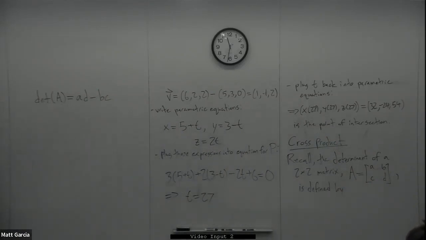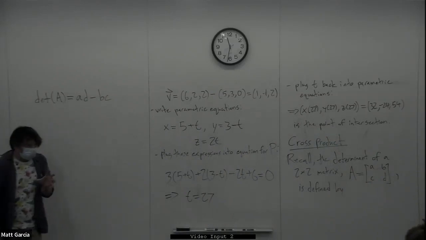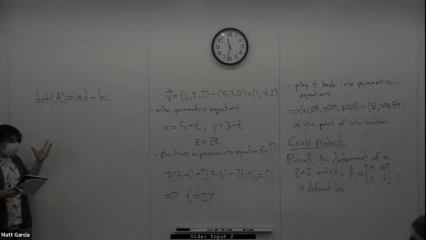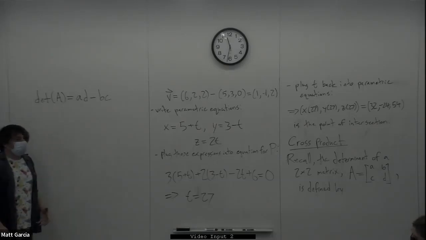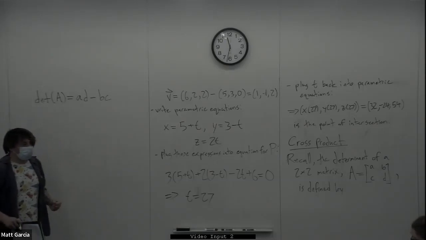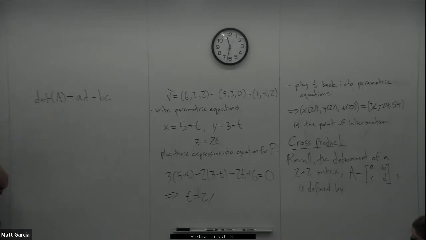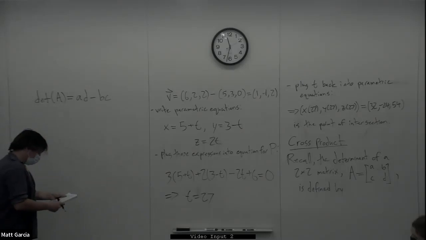So matrices in some ways behave a lot like vectors. The determinant is some kind of notion of the magnitude of a matrix. It can be negative, so it's not the same type of notion as magnitude, but it's some measure of size of a matrix, roughly. Okay, so why am I saying all this?